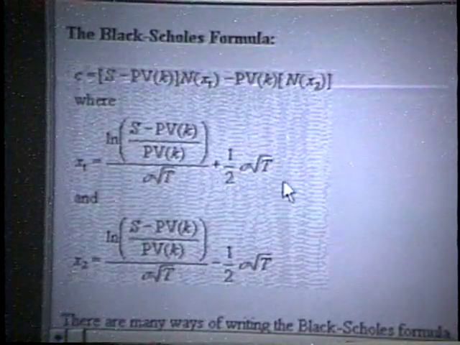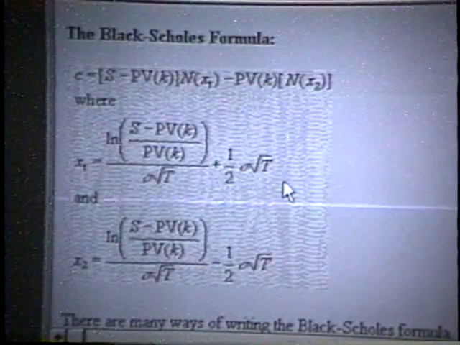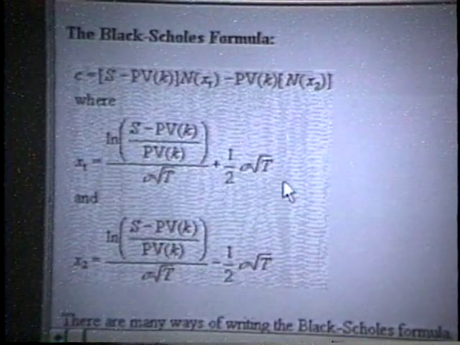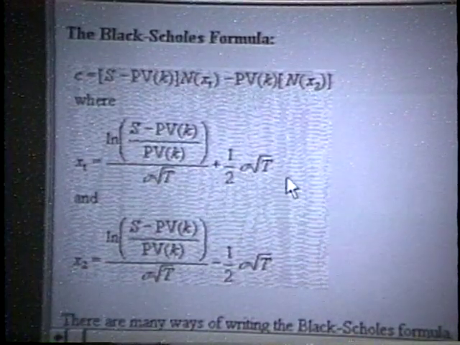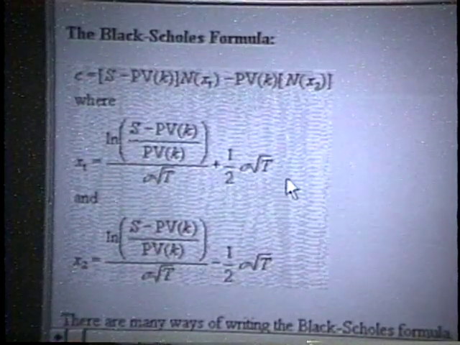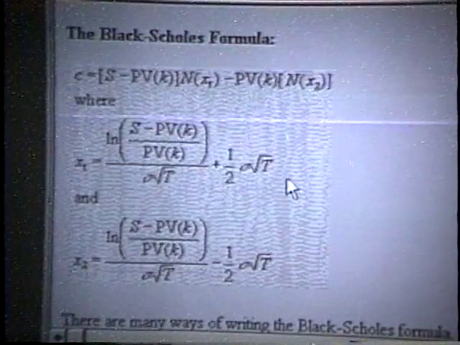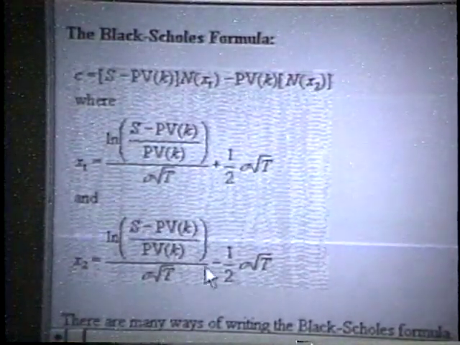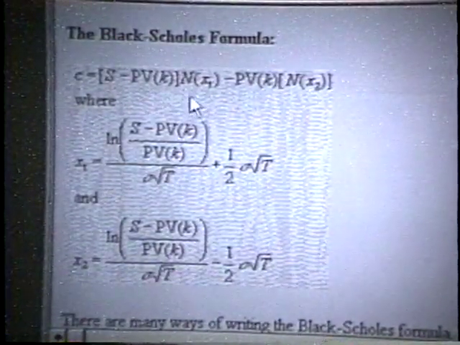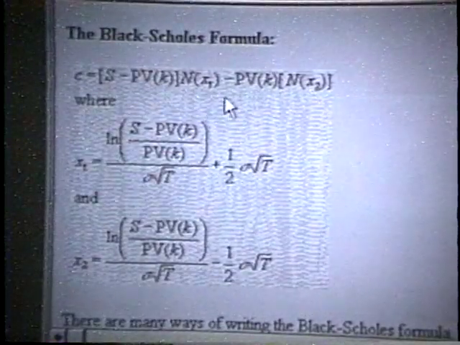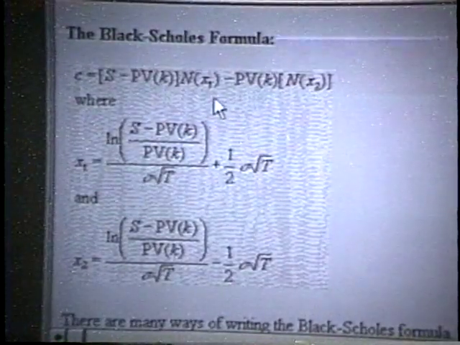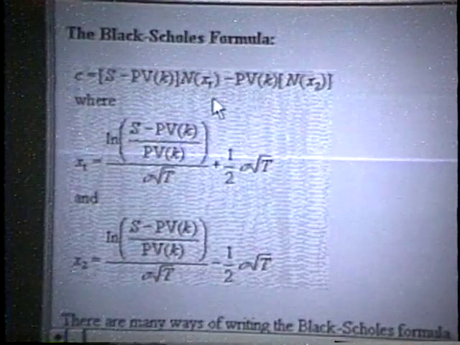It's like the normal distribution, except we're in logs. And there's always a 1/2 sigma floating around in that distribution. But I want you to think of these things as kind of measuring the probability that we're going to finish in the money.